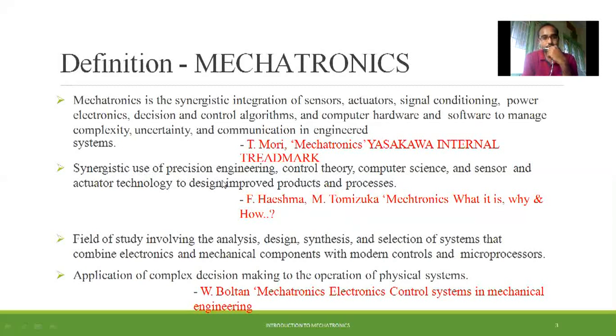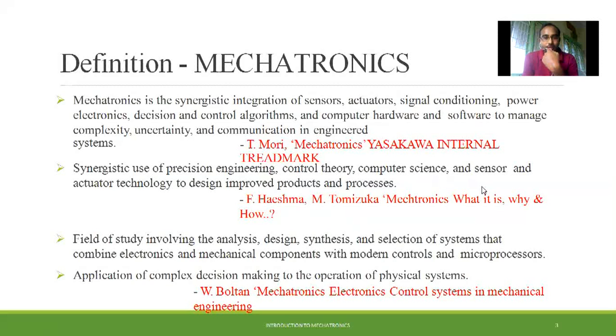It's a combination of engineering. Engineering is nothing but the combination of different types of materials which are used for processing different kinds of actions. And control theory here specifies in what way we are controlling the components to commence the working processes.